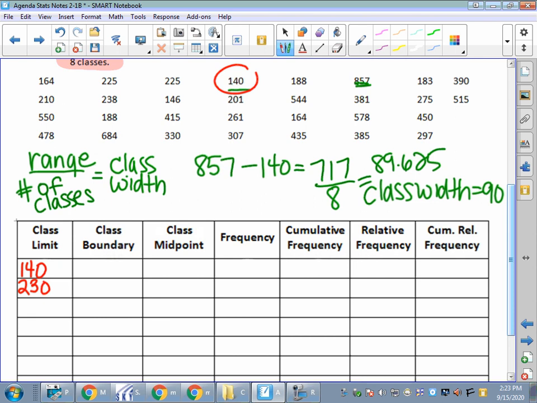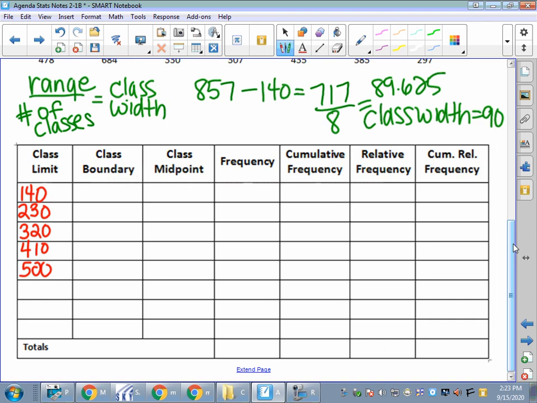Then I add 90, add 90, add 90. It should work out where I'm going to fill all 8 of these. I made a little graph for you with 8 spots for our classes. So it's going to be 590, that's going to be 680, and 770. But I'm not done, right?